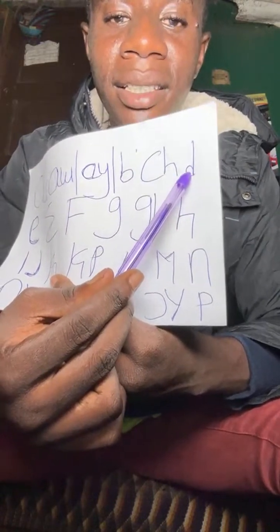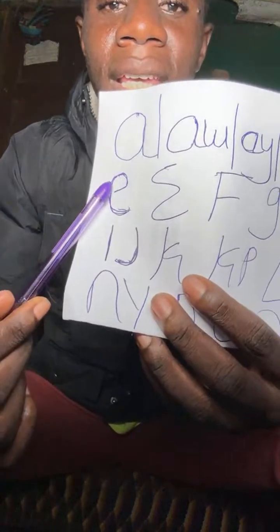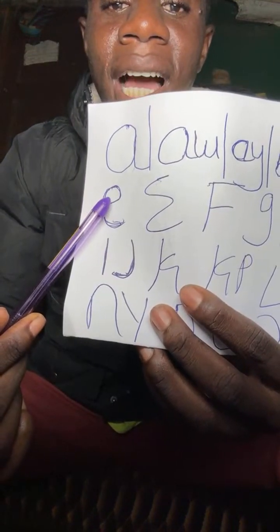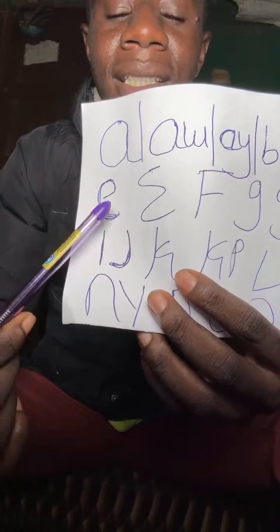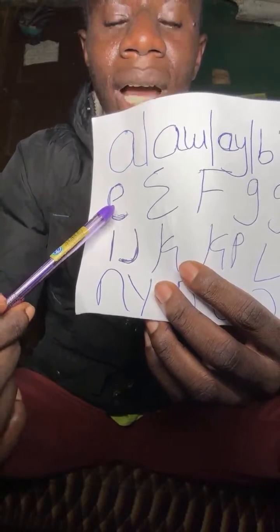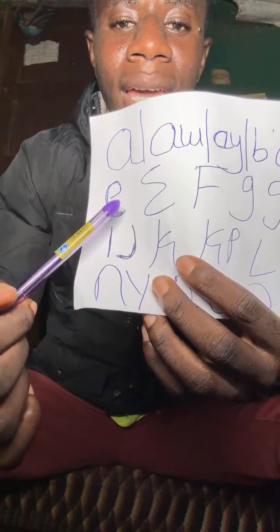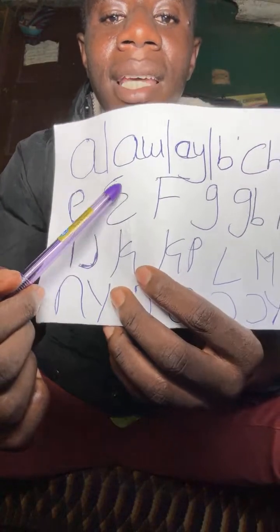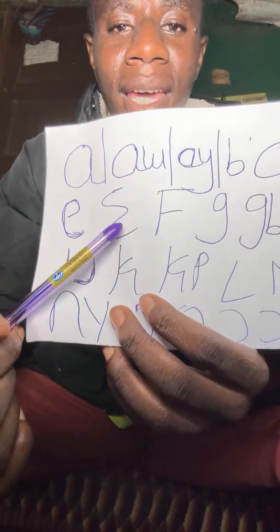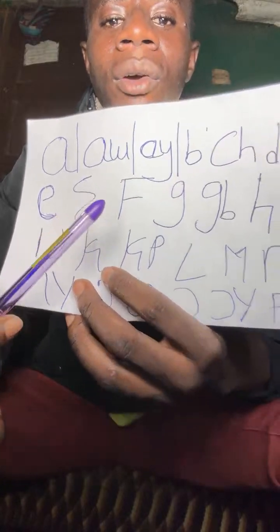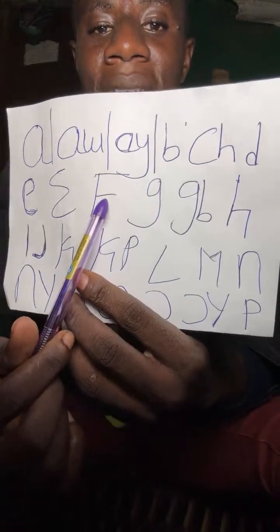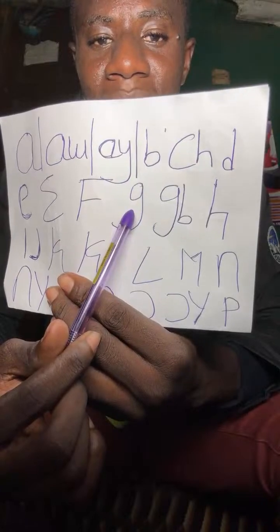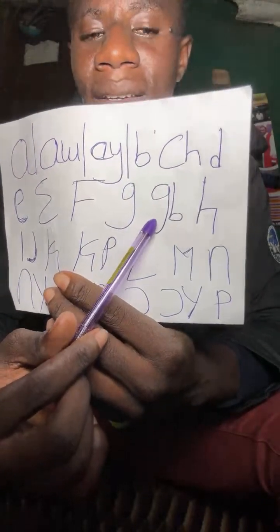And if you come down here, this is ed, A. This is not E. It's represented in Creole as A. Why this is E. We have F. And we have G, and we have GB, which is represented here.